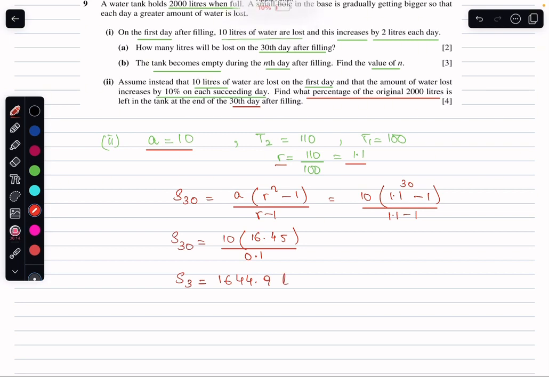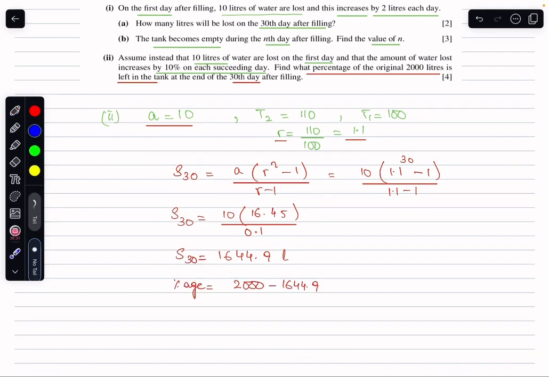So find what percentage of the original 2000 liters is left over here. So we can see this is the amount which is lost from the tank because of the leakage. And we are supposed to find out the percentage of the original 2000 liters left in the tank at the end of the 30th day. So the percentage left in the tank is going to be 2000 minus 1644.9 divided by 2000 and then multiplied by 100 to get the percentage value.